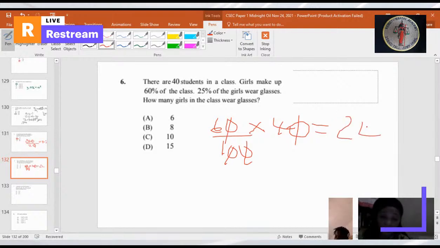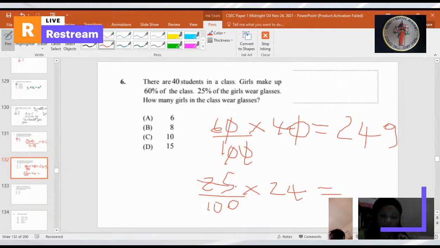So there are 24 girls, and it says that 25% of the girls wear glasses. Now we know that 25% is a quarter. So 25% of 24, or a quarter of 24. 4 into 24 is 6. So 6 wear glasses, and that is A.